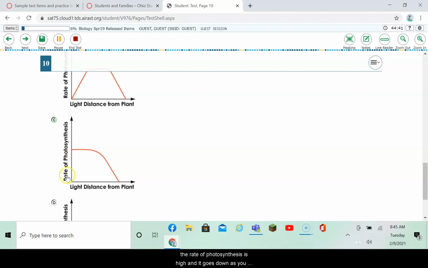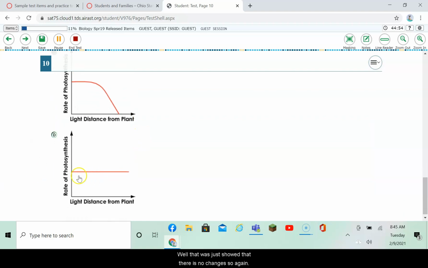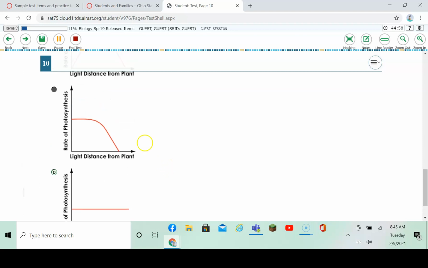The rate of photosynthesis is high and it goes down as you move the light from the plant. So our answer would be C. And D, well, that would just show that there was no change. So again, C shows us when you move the light away from the plant, photosynthesis decreases.